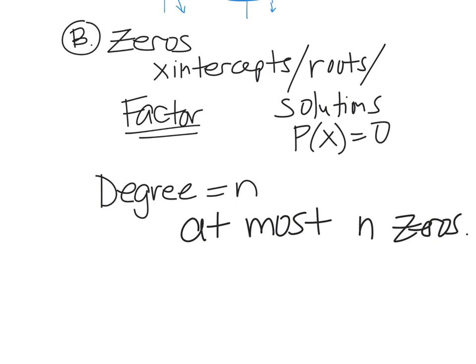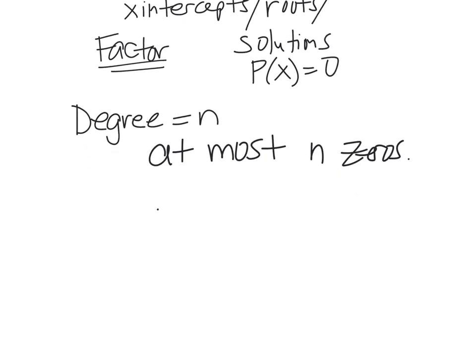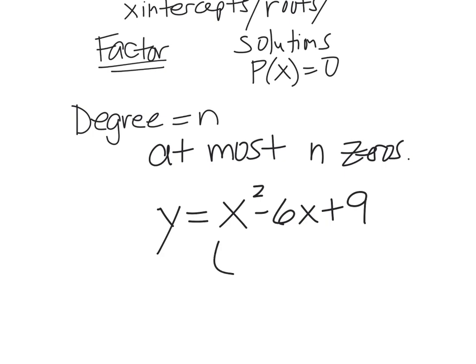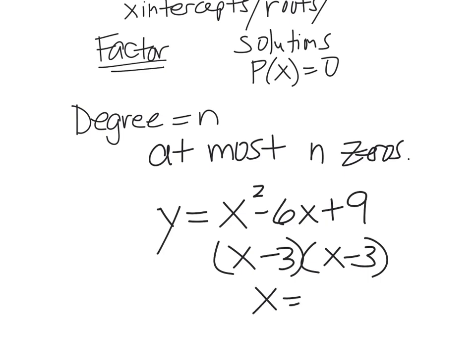Well, because if we had something like y equals x squared minus 6x plus 9, and I were to factor this to find the zeros, I would have x minus 3 and x minus 3. So I get x equals 3. I get one zero, but it happened twice. So I really have 2 zeros. You could say 3 and 3.